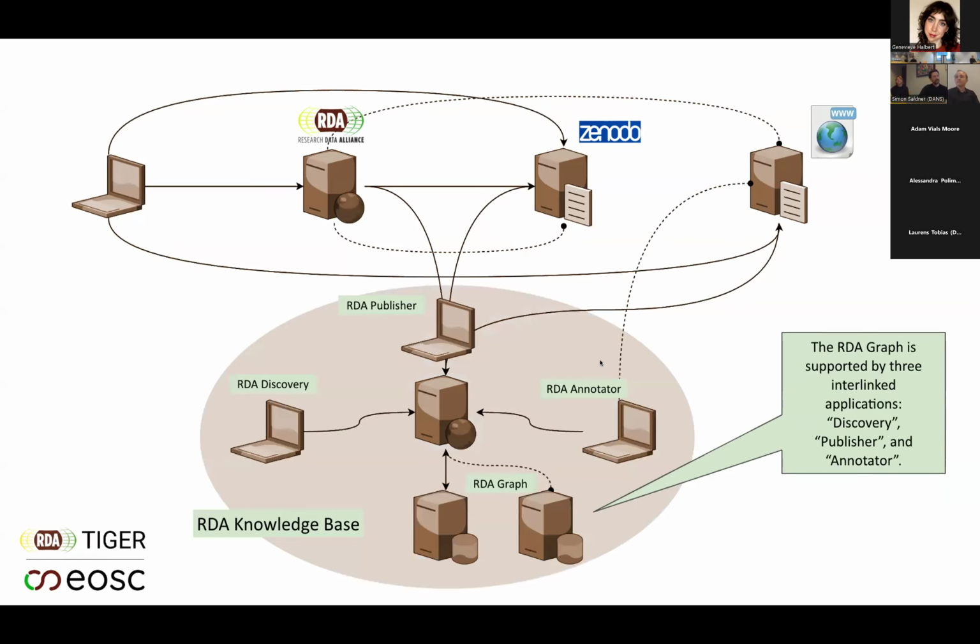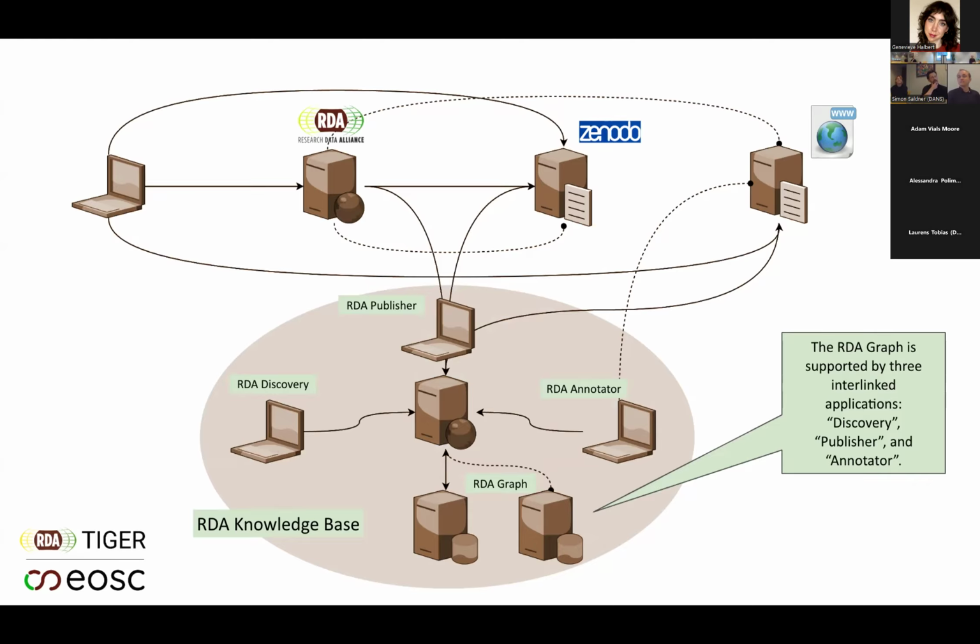And so the graph is then one of these four components of the suite of services called the knowledge base. These essentially connect to the RDA websites, Zenodo, and other sources of RDA outputs, and consolidate them within the RDA graph, which then also connects to these other tools that we will talk about in a second.